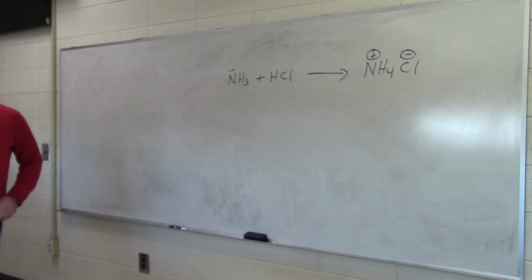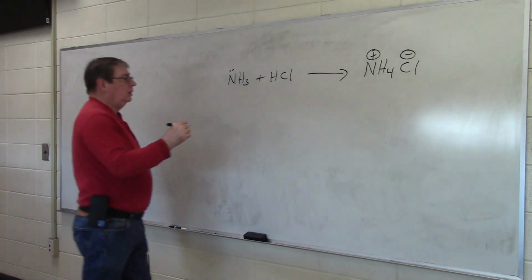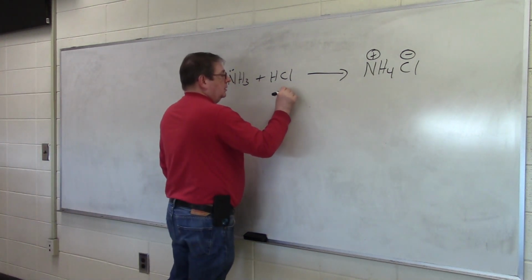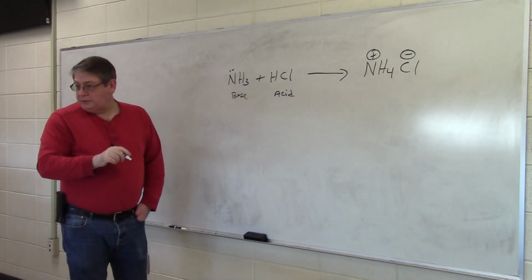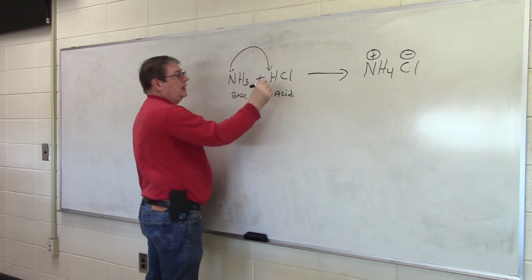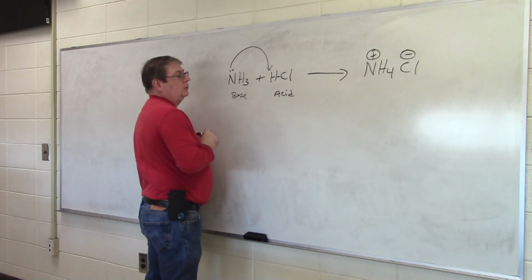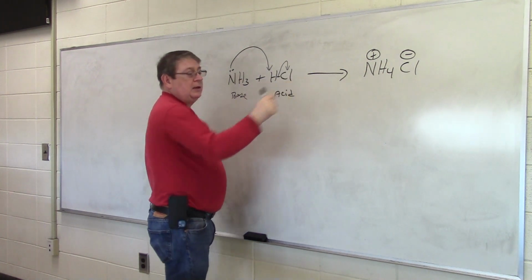HCl is the acid. Yep, so this is going to be our acid. So this must mean this is our base. And bases always give the electrons, right? So it would be that giving the electrons to the hydrogen, and then the electrons that are between the hydrogen and the chlorine would go on to chlorine to make the chloride.